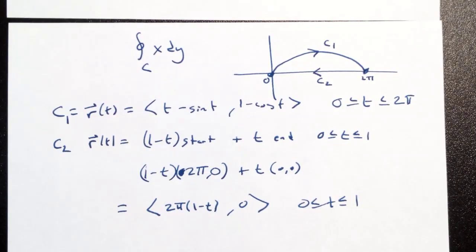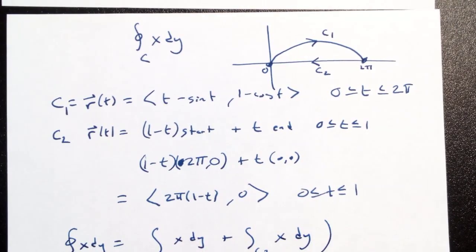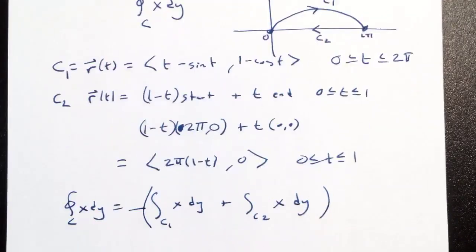The negative sign that you got comes from the fact that we didn't go the right direction. I have to have a closed curve also. So you put a negative in front of C2 as well. Yes. The integral over C of x dy becomes the integral over C1 of x dy plus the integral over C2 of x dy, and the whole thing gets a minus sign in front of it, because we're going the wrong way.